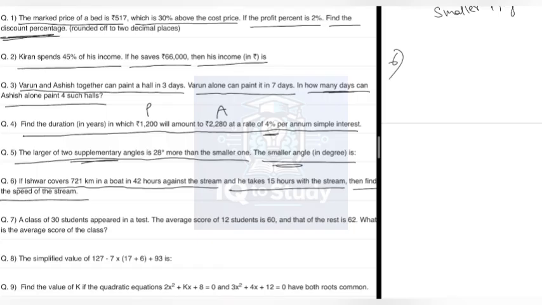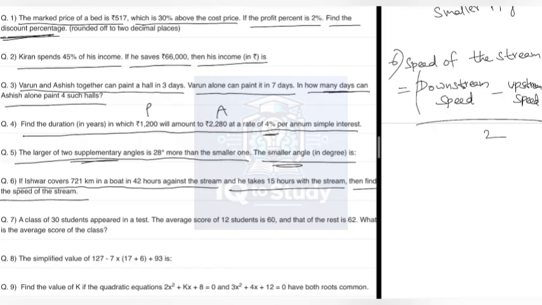We know that speed of the stream formula is downstream speed minus upstream speed divided by 2.